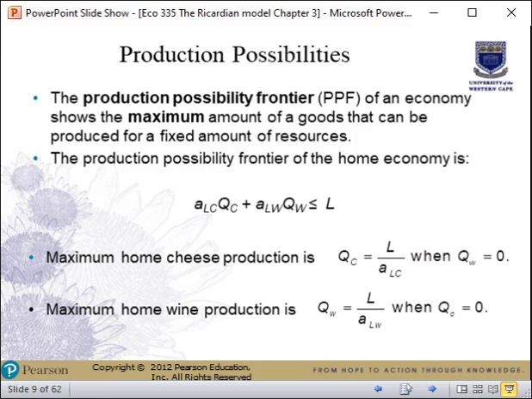So this inequality just reflects that the hours worked or labor resources used in the production of all the cheese and wine should be less than or equal to the total labor supply.